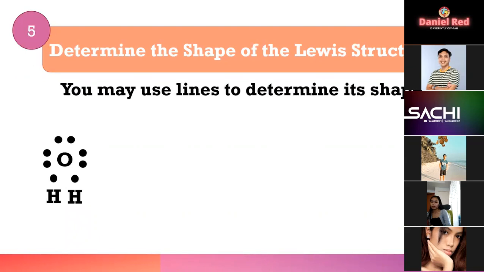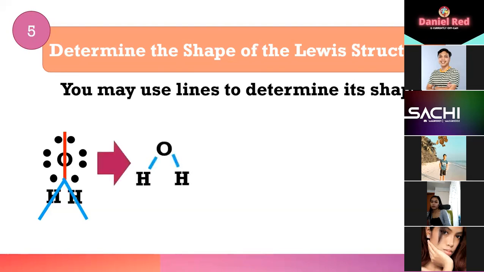So we have the first line representing the oxygen, and of course, the second line representing the first hydrogen, and the third line representing the second hydrogen element. Then afterwards, we can also draw this particular shape according to this interpretation.